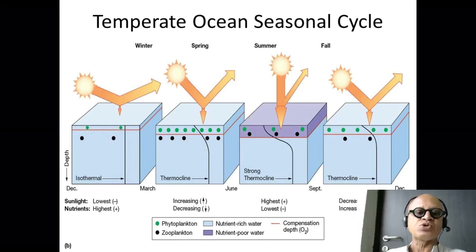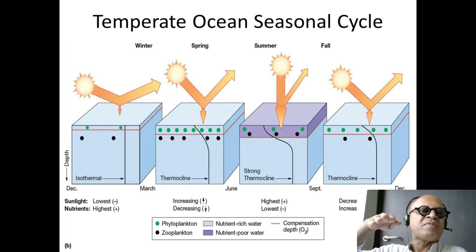So here is the cartoon of that. In the winter you have near isothermal mixing during fall and winter, which is mixing up nutrients. Spring comes, light becomes available, the water column gets stratified, so it traps the nutrients in a shallower layer and light becomes sufficient. So you have to understand this part.